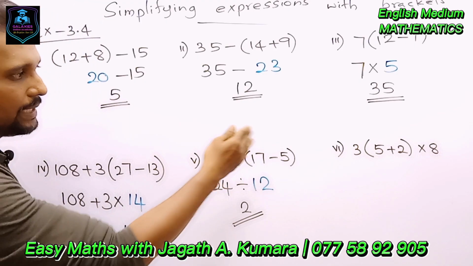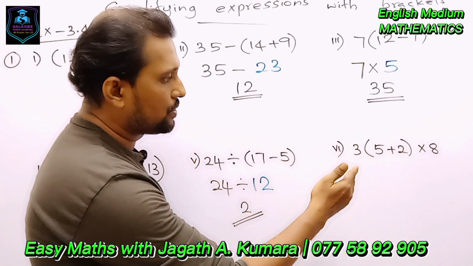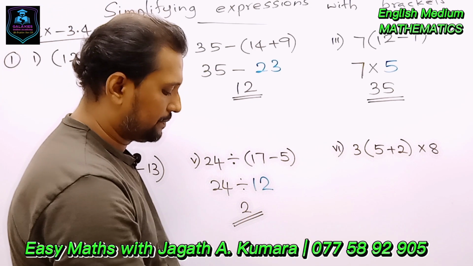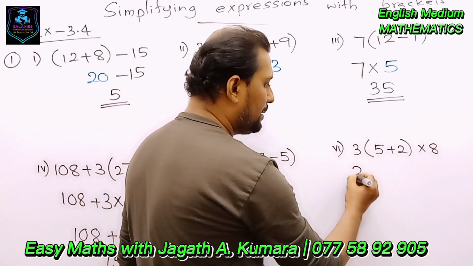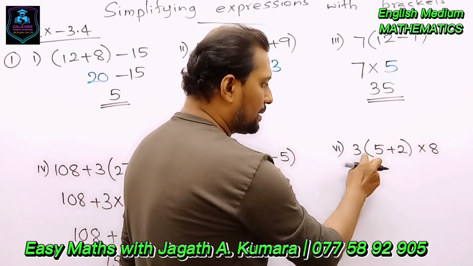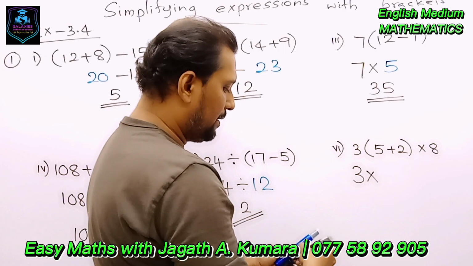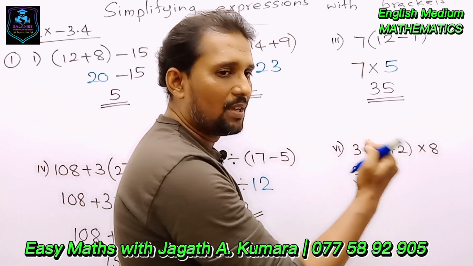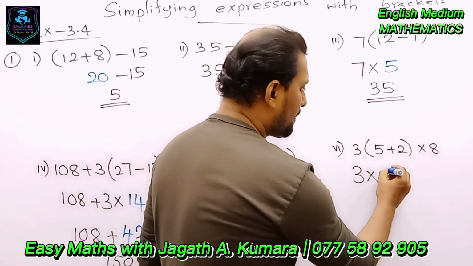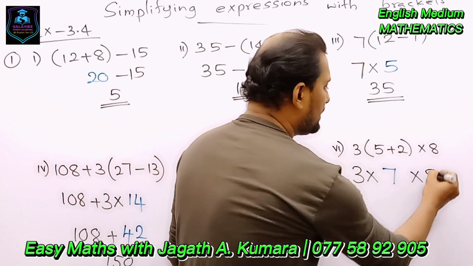Right, then let's go to the next part, Roman number 6. 3 bracket 5 plus 2 multiply 8. First we have to simplify inside the bracket. 3 bracket means 3 multiply bracket, no? Then inside the bracket, 5 plus 2 is 7. Multiply 8.